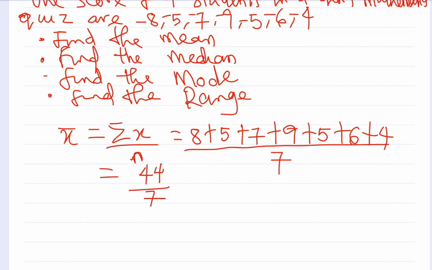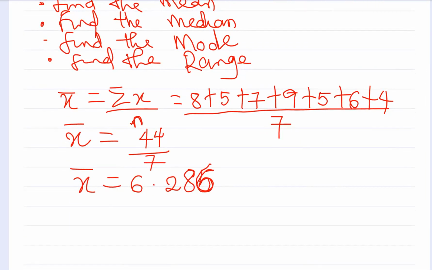Use your calculator. 44 divided by 7, so that means the mean here is 6.286 approximately. That is the mean.